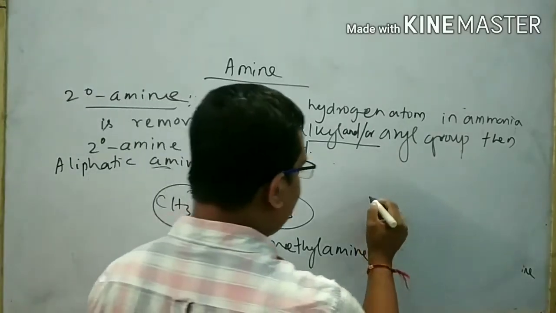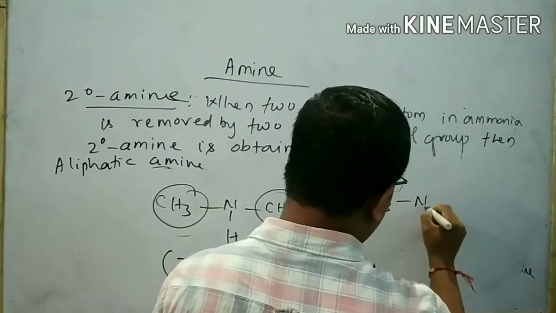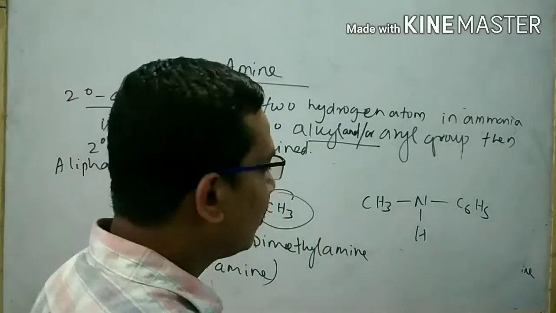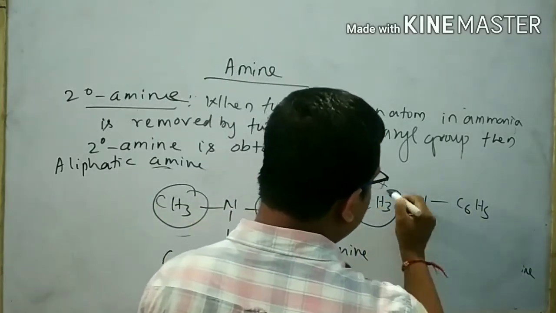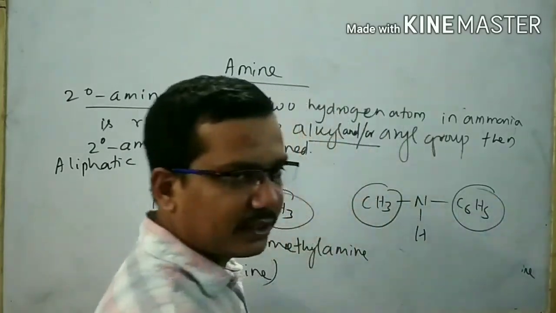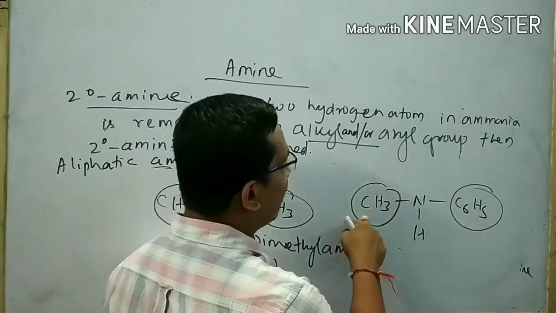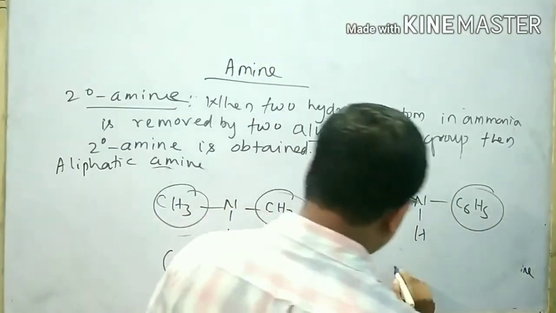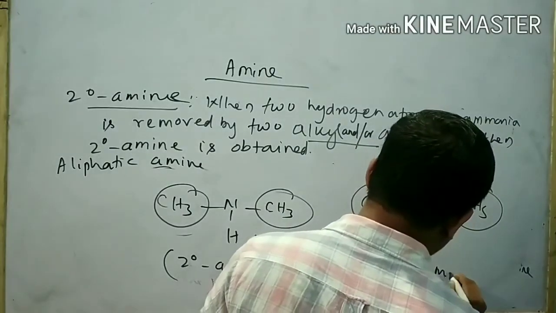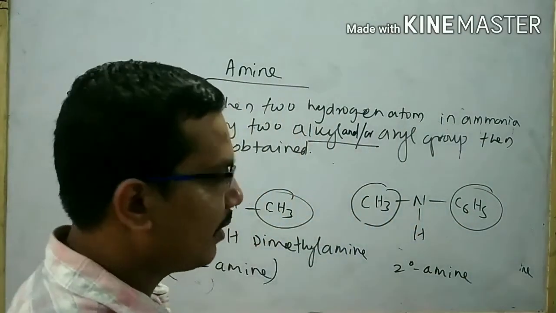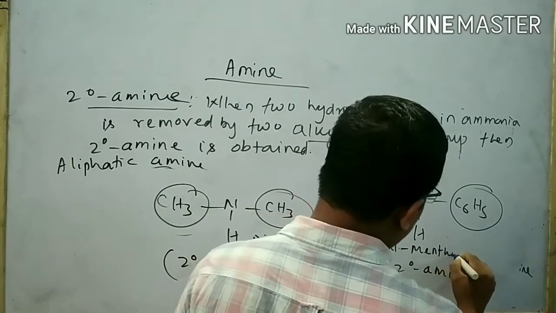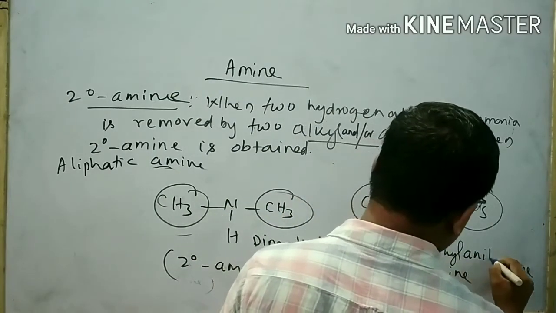But suppose take another example, CH3-NH-C6H5. Here one methyl group is present, one phenyl group is present. This is alkyl group, this is aryl group. It also belongs to 2 degree amine, and its name is N-methyl aniline.